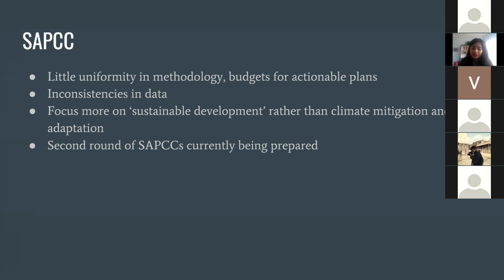But that ended up not happening in some cases, because the donor agencies themselves imposed a sort of framework or a guiding methodology, and it wasn't long-term capacity building. It was just there for the time during which the SAPCC was written. And also, a lot of the SAPCCs themselves reflect that the state agencies had very little input to give into the SAPCC. And it was actually the donors who were driving the whole process, which defeats the whole point of the SAPCC.